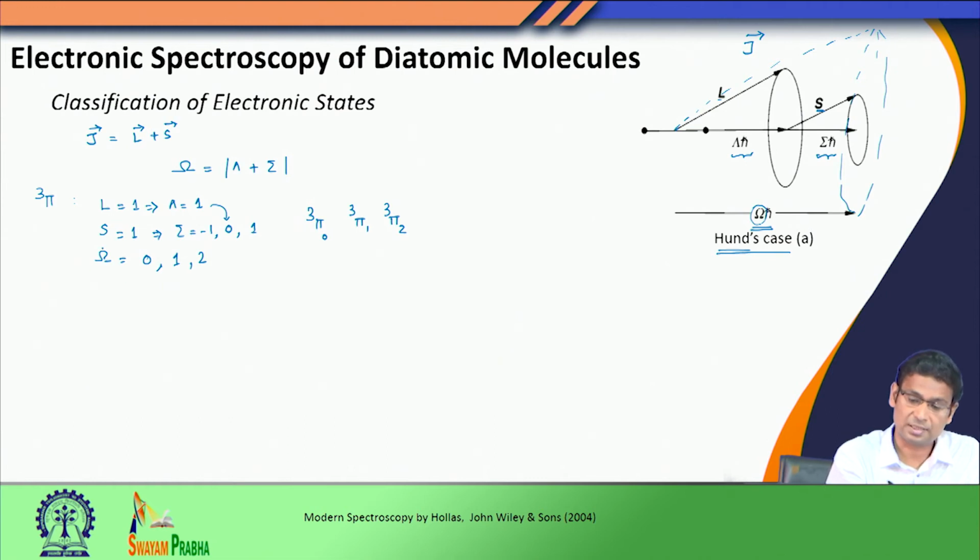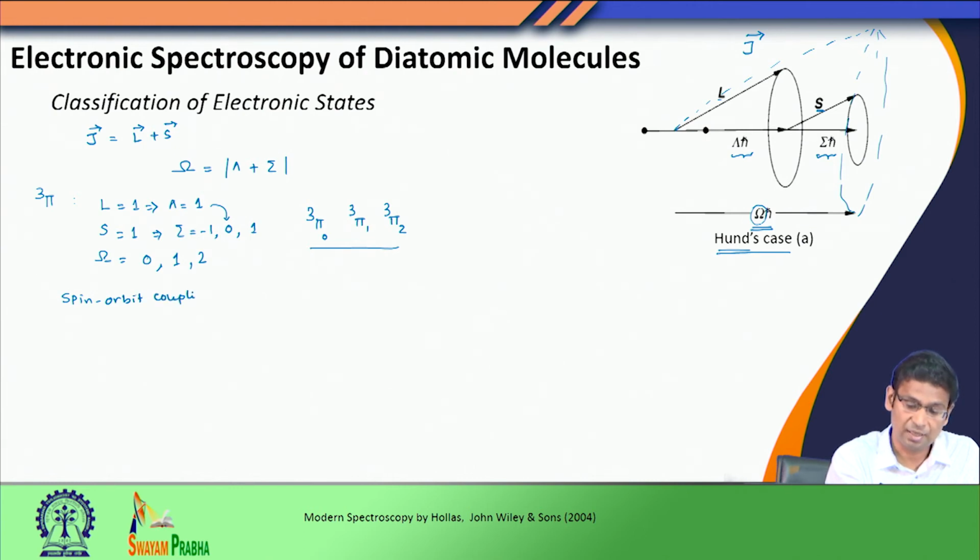Now, coming back to these 3 states that we have, triplet pi 0, triplet pi 1, and triplet pi 2, these states arise when there is L and S coupling, and therefore, we are now entering the realm of spin-orbit coupling.